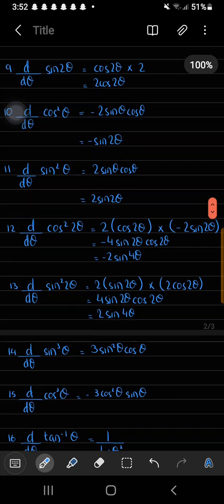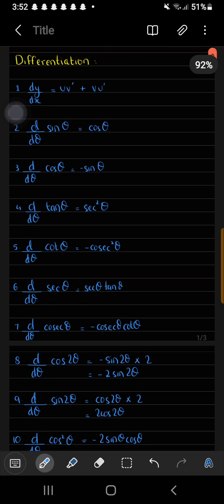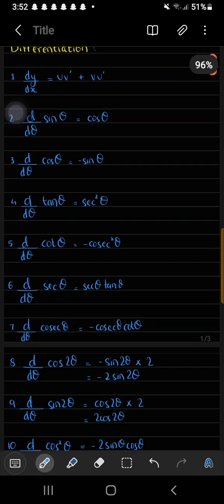Okay, so just have a look at these. First of all we discussed the product rule, u differentiation of v plus v differentiation of u. Then differentiation of sine theta becomes cos theta, and differentiation of cos theta becomes negative sine theta. Then differentiation of tan theta becomes sec square theta, and differentiation of cot theta becomes negative cosec square theta.